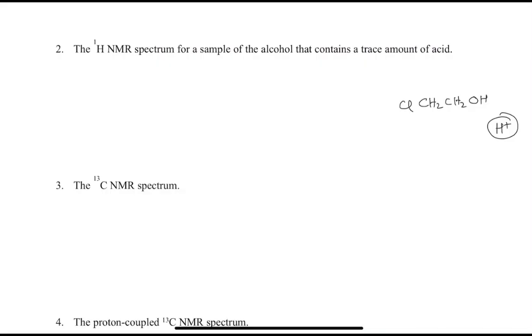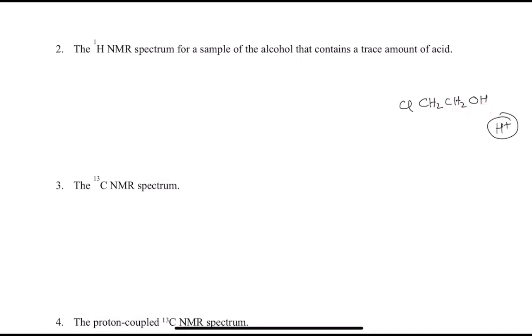The next part of this question is where we have to draw the H NMR spectrum for a sample of the alcohol that contains a trace amount of acid. When you have a trace amount of acid present in the solution, there could be proton exchange between the hydrogen that is attached to the oxygen and the hydrogen that is present in the acid, right? So because of which these hydrogens are not going to see the effect of the magnetic moment of this hydrogen.